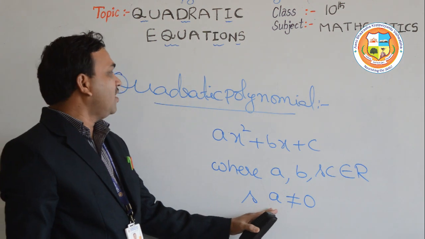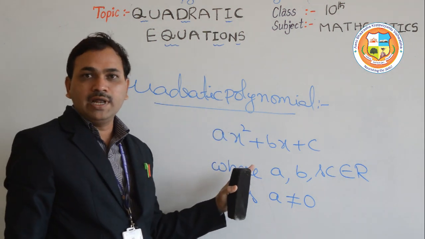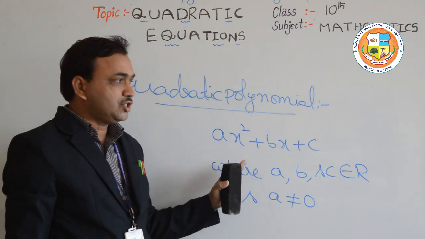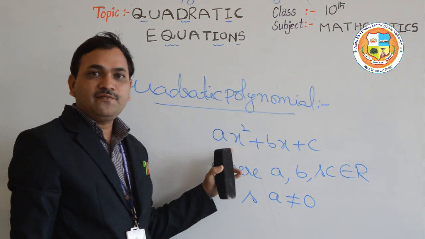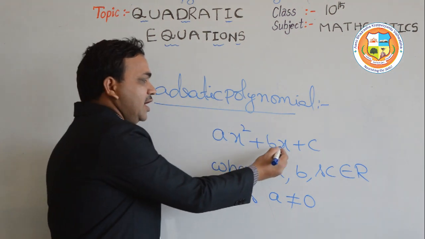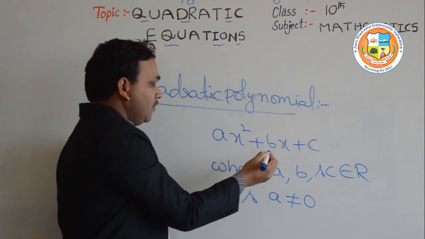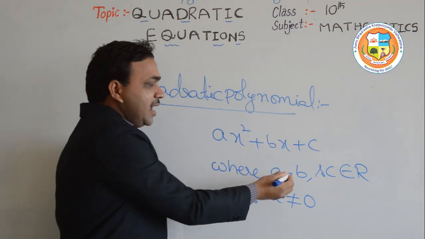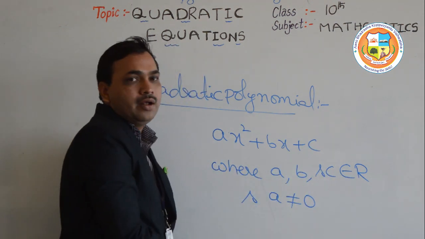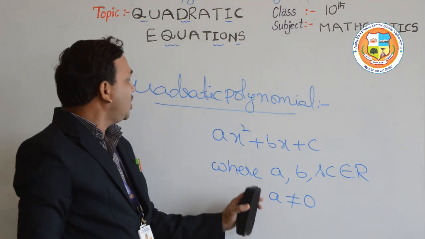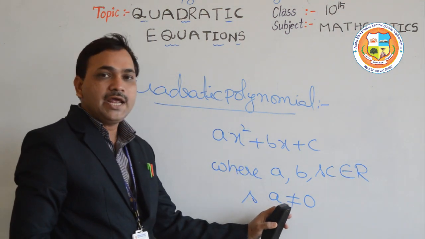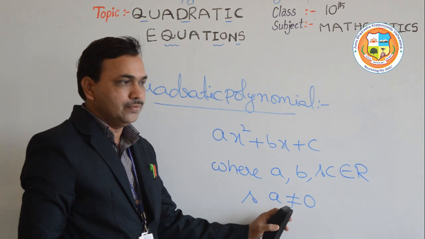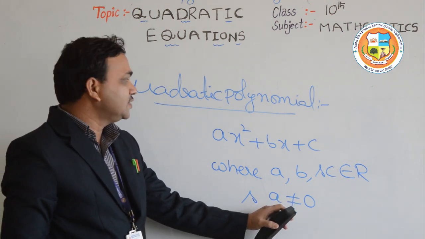This is the condition of the quadratic polynomial. Again, recall it: the quadratic polynomial general form is ax square plus bx plus c, where a, b and c belong to R, and a is not equal to 0.